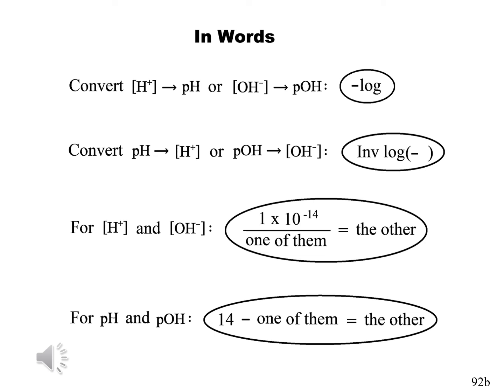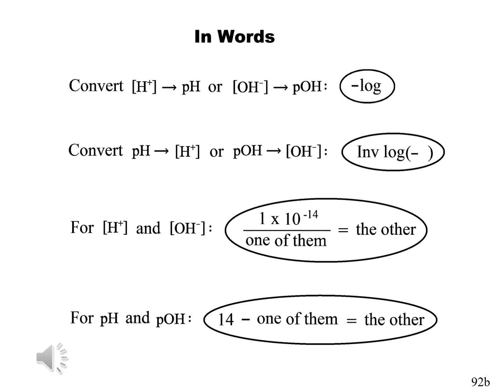If you're going in the reverse direction, from a number like pH to a molarity, H plus, the function is the inverse log of negative. If you can remember those two and which direction they're for, that pretty much will cover you.